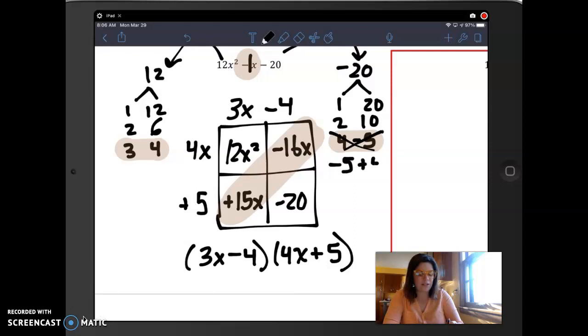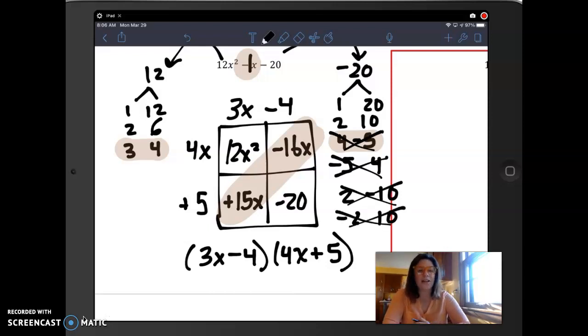If I had tried this, I would have done that and then cross it off. And then if I had to start in on the 2's, it would be 2 and negative 10. Try that. Okay, if that didn't work, I would cross it off. Negative 2 and positive 10. Have to try those 2. Okay, so it's a really good idea to stay organized.